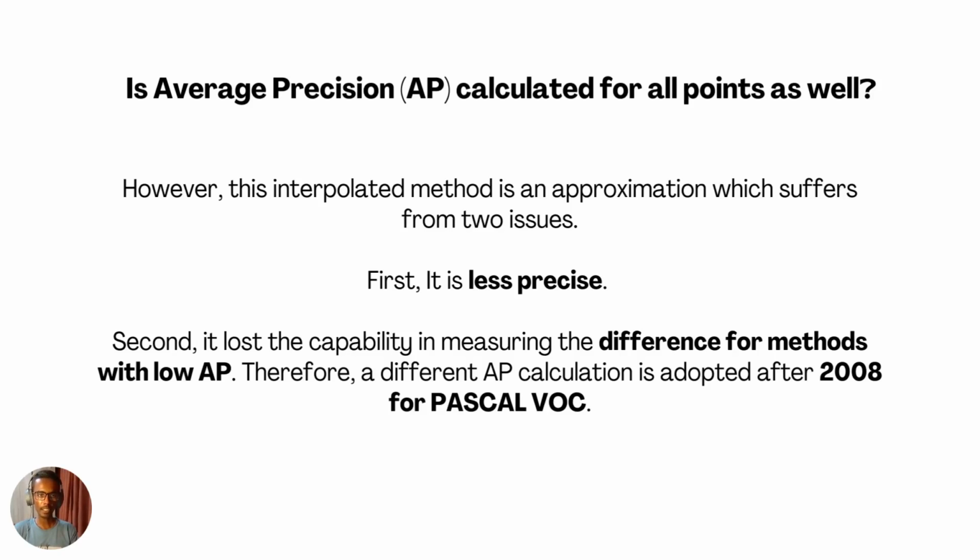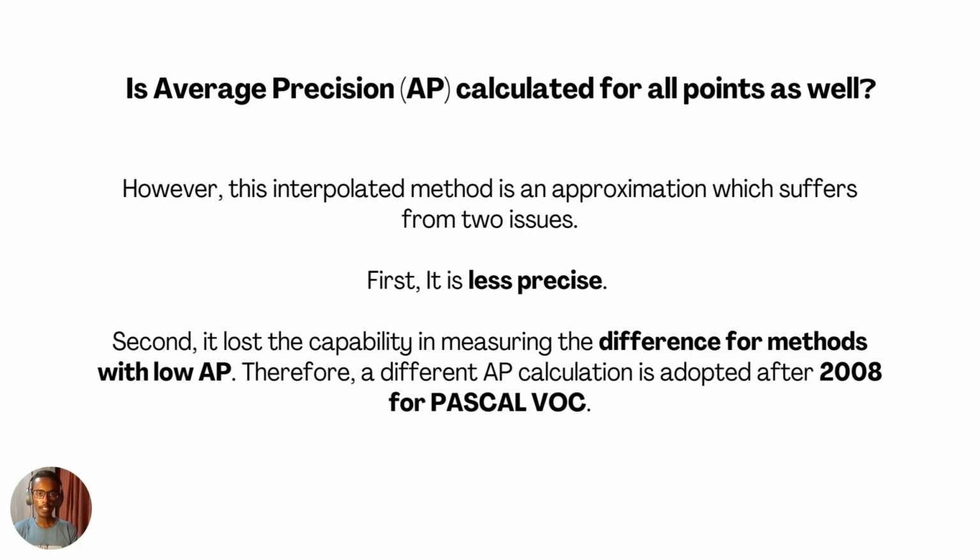The second question you might ask is, is average precision calculated for all points as well? Yes, it can be computed for all points, not only by using these 11 points. And this problem was figured out in the next paper, by Pascal VOC in 2008.